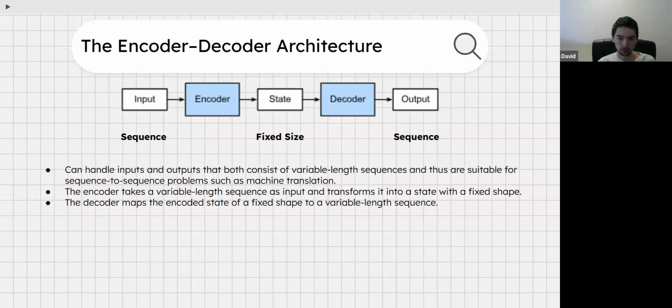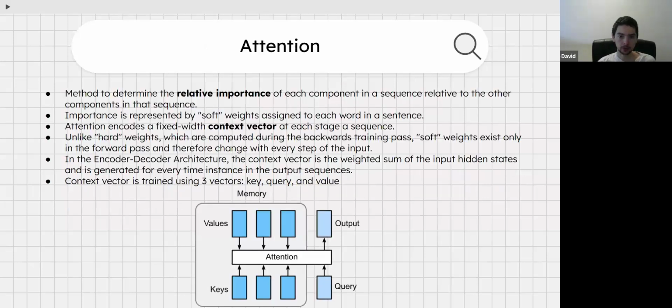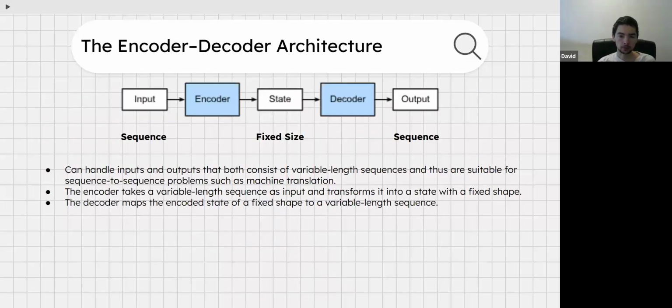And now, one of the problems with this encoder decoder architecture is that it converts no matter how long the sequence is, right? The input sequence could be one word, or it could be 1,000 words.